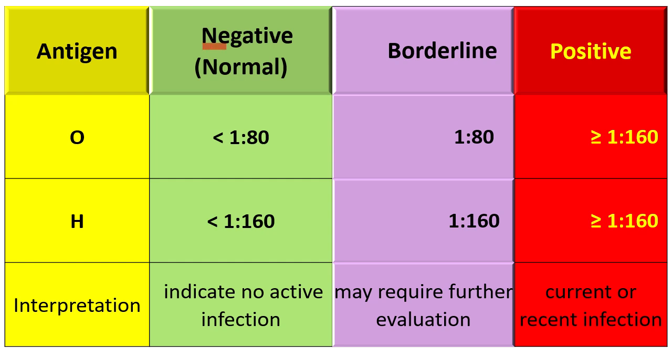Negative or normal: O antigen titer less than 1:80 and H antigen titer less than 1:160 means typically no active infection.